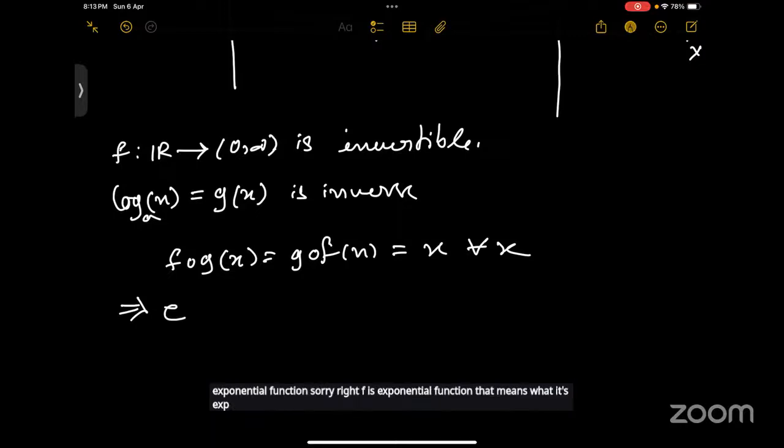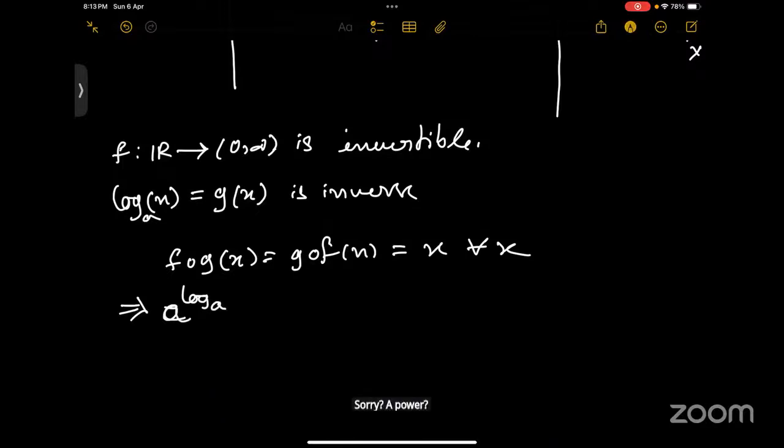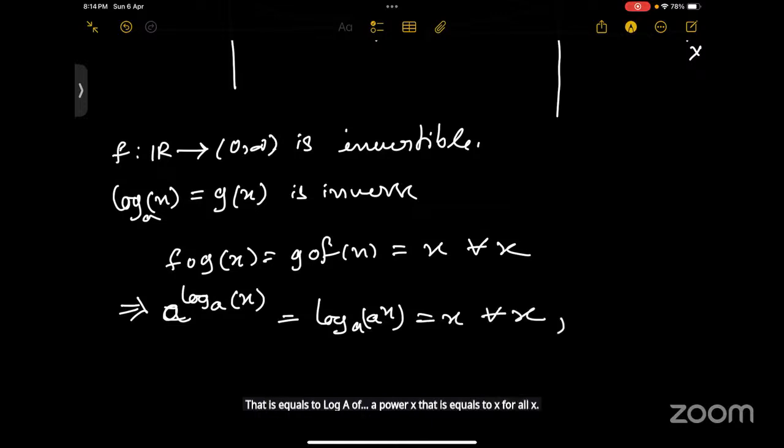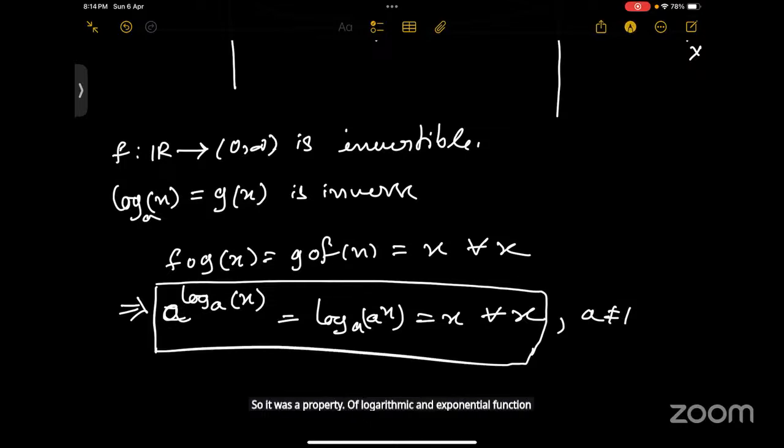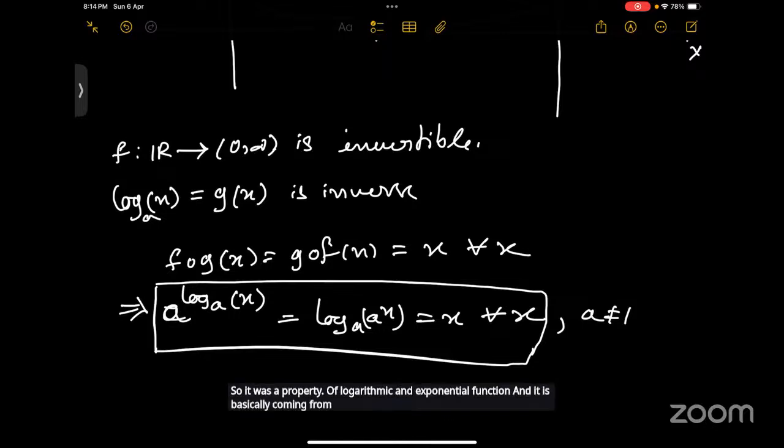That means a power log a x equals log a of a power x equals x for all x, and a not equals to 1, right? So it was a property of logarithmic and exponential function, and it is basically coming from the inverse functions, right?